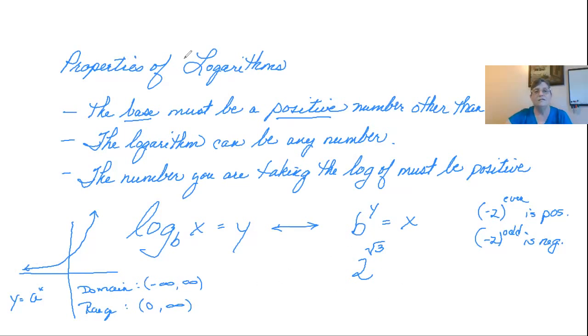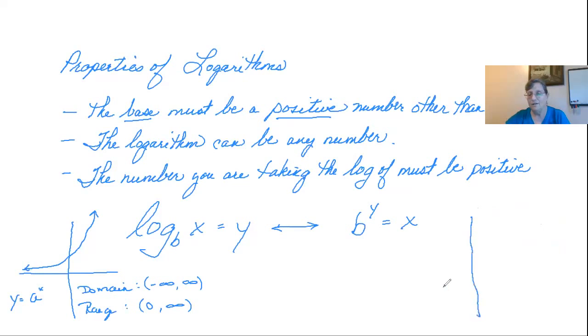On the other hand, and let me erase some of this to have a little bit more space here. If we're graphing the inverse of this, remember that an inverse is going to be switched over the line x equals y.